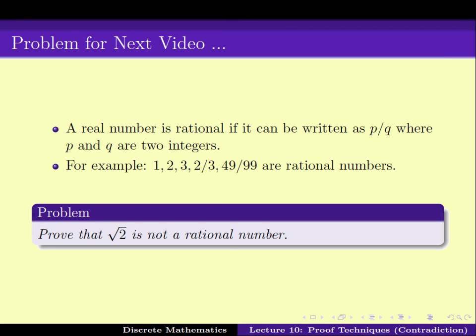A real number is rational if it can be written as a ratio of two integers. So if a number can be written as p by q, where p and q are integers, then we say it's a rational number. Namely 1, 2, 3, all of them can be written as 1 by 1, 2 by 1, 3 by 1, 2 by 3, 49 by 99, and so on.